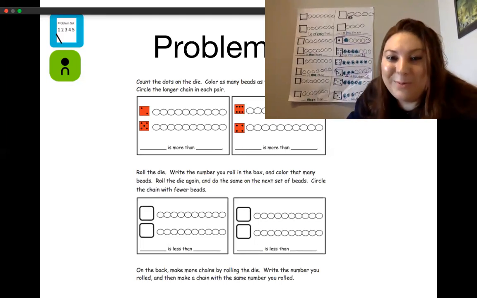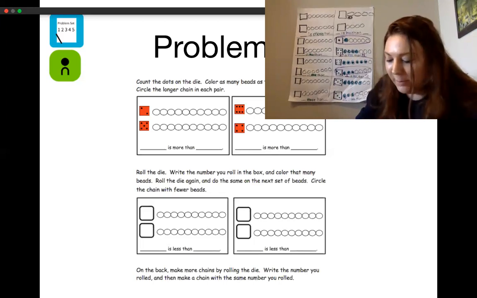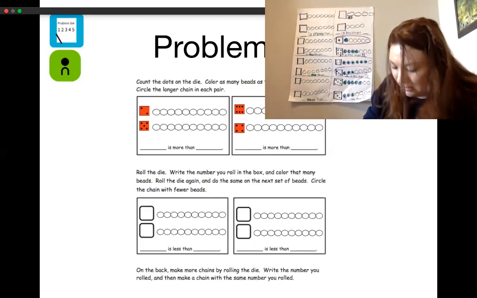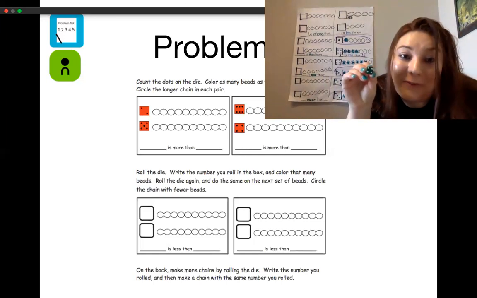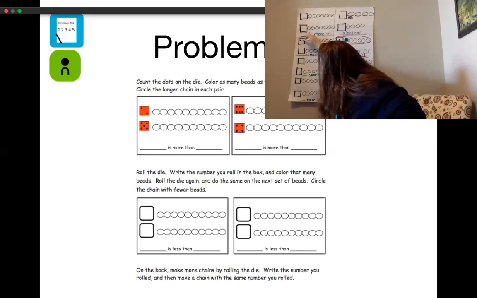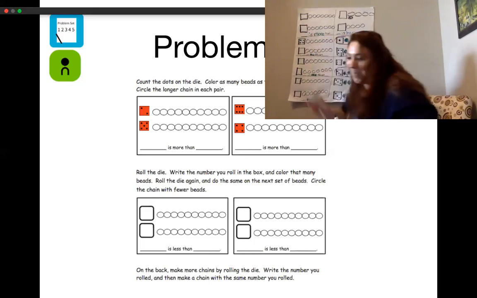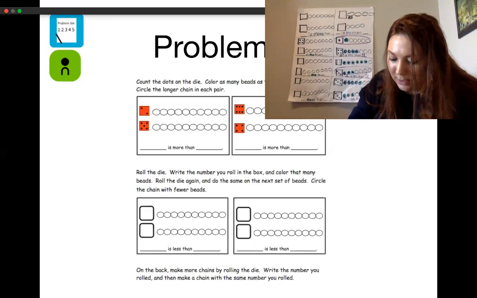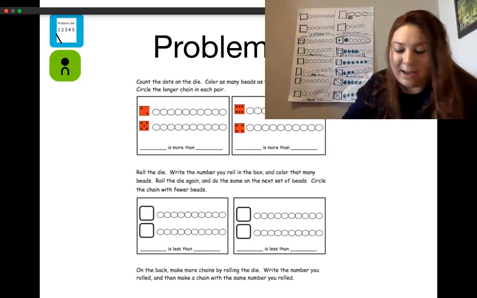All right, scholars, we've been practicing the word less. Now let's practice more. Here we go. 4. All right. 1, 2, 3, and 4. And 1.